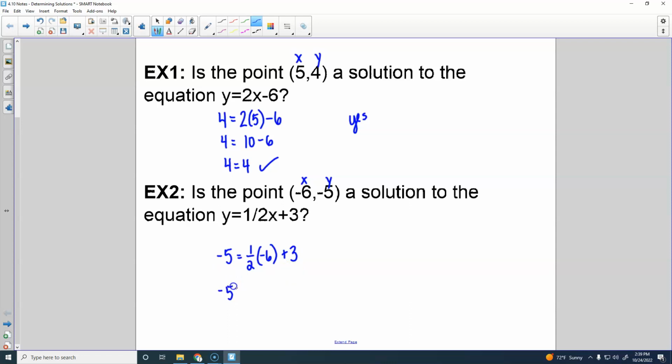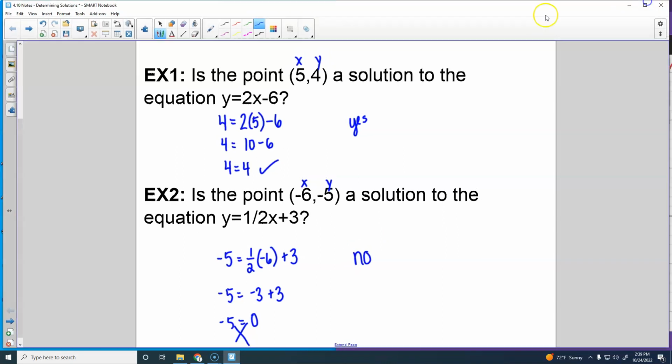So I want to know, if I do 1/2 times -6 plus 3, do I get -5? So what's 1/2 times -6? It's -3. Does -3 plus 3 equal -5? No, that equals 0. That is not true, right? So this point does not make my equation true. So that would be a no for that.